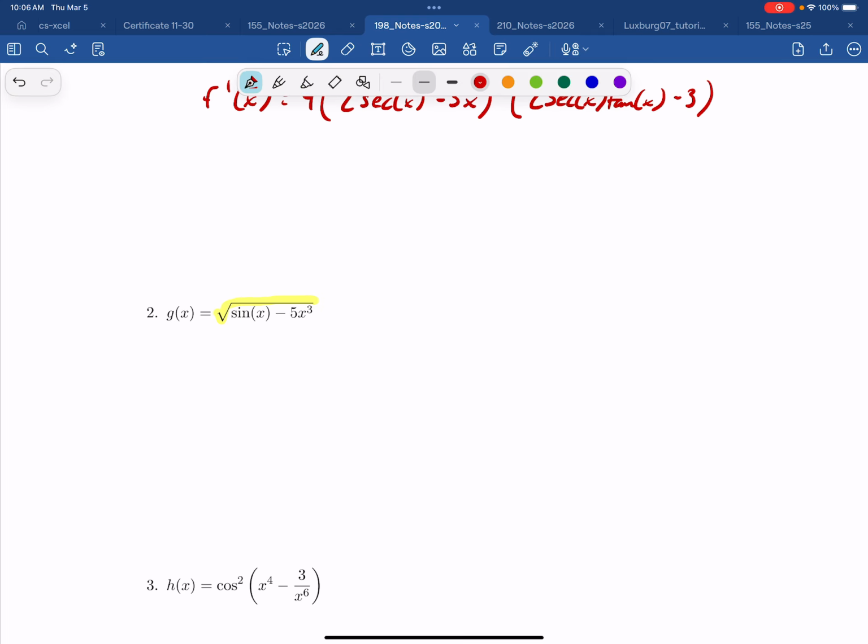Okay? So the derivative is going to be 1 over 2 square root, keep the inside the same, times the derivative of the inside.